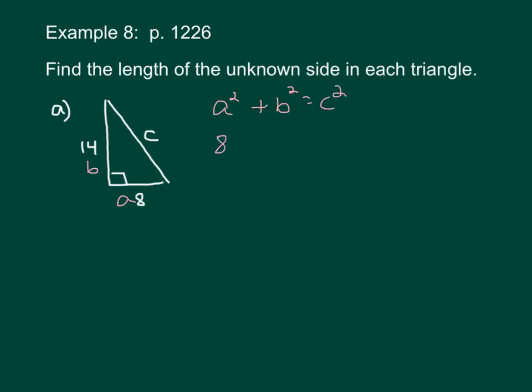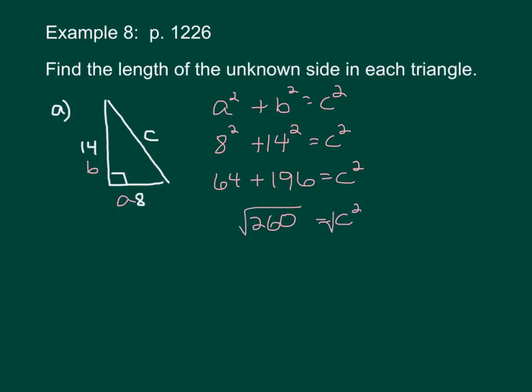So it's going to be 8 squared plus 14 squared. 8 squared is 64. 14 squared is 196. 260 equals c squared. And then we'll take the square root. So you're not done when you find c squared, you're done when you find c. So we have to take the square root, which would give me c equals the square root of 260. And then I can simplify that.